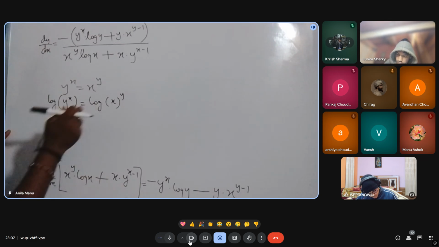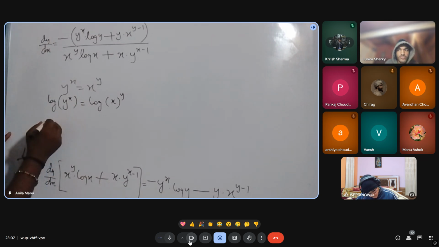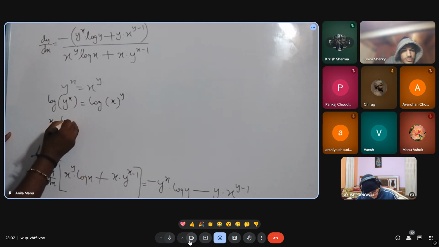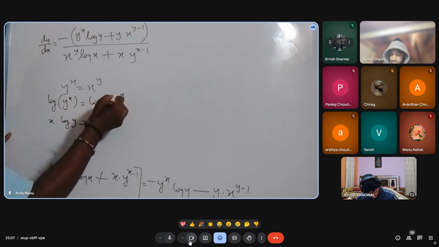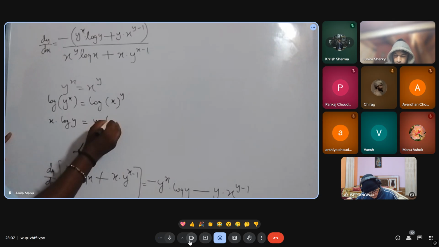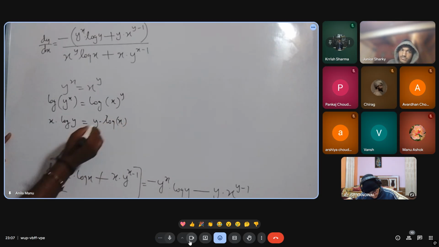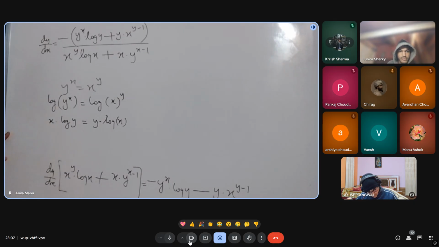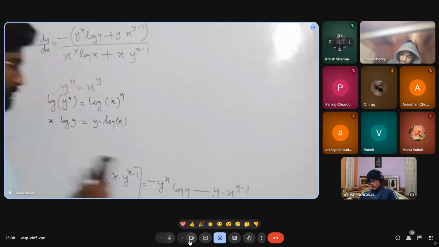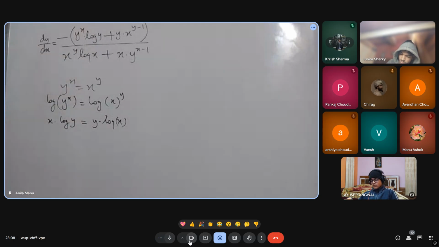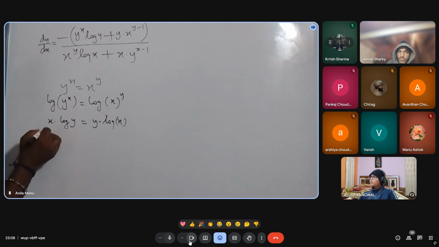Now, when you take logarithm on both sides, log m raised to n, that is x log y, is equal to y log x. Now, differentiating both sides with respect to x. So the left side, product rule.